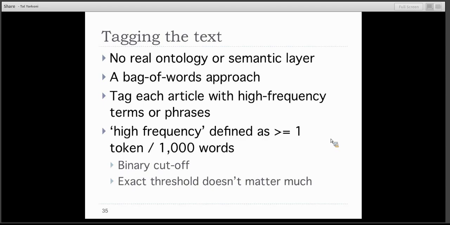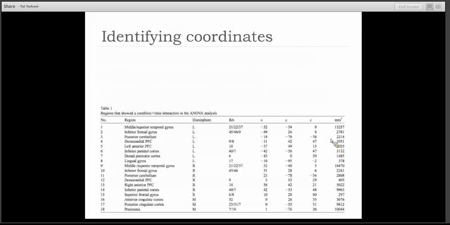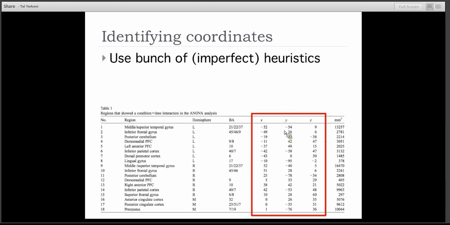Okay. At this point we have a bunch of articles, and each article has terms that go along with it. Now we want to pull out the coordinates so we can match those up. So how do we identify the coordinates? We use the fact that almost all tables have these X, Y, Z columns. Really, it's just a bunch of imperfect heuristics.